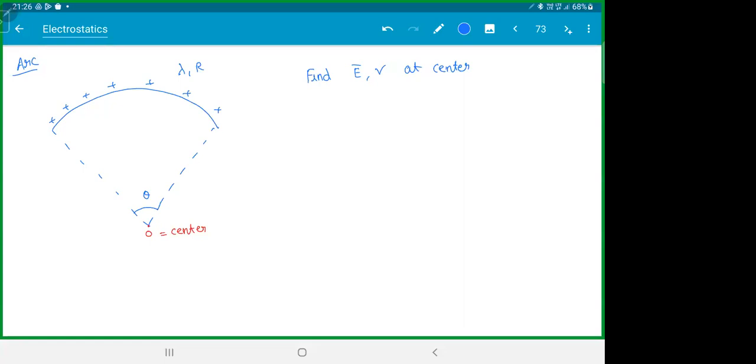How do you do this? How to integrate? That is obvious.